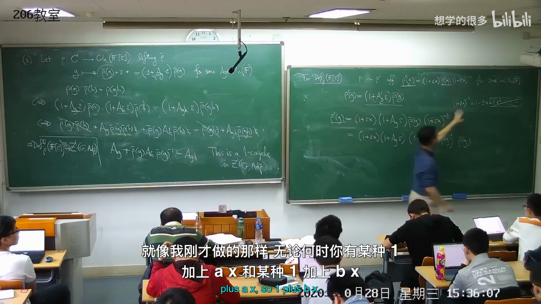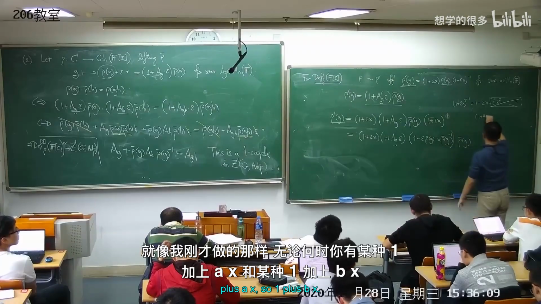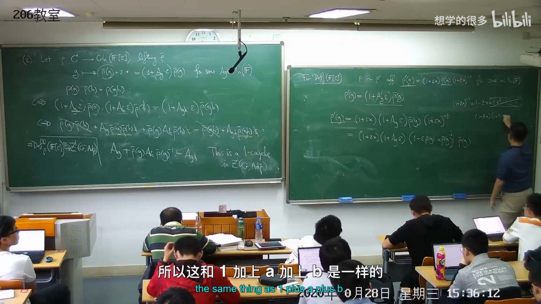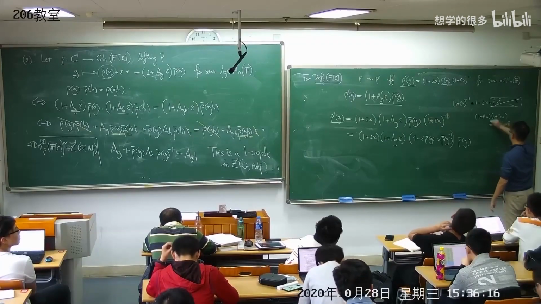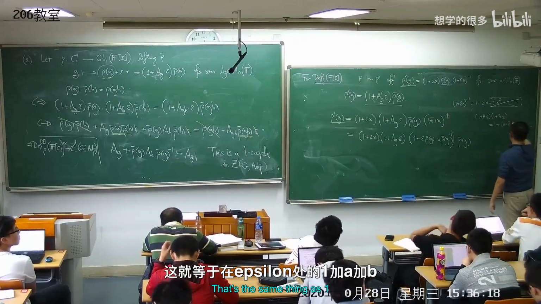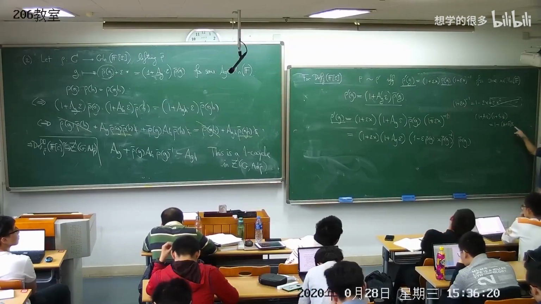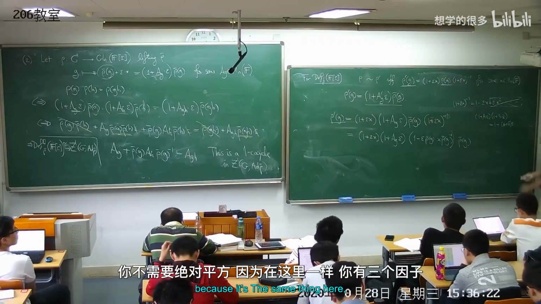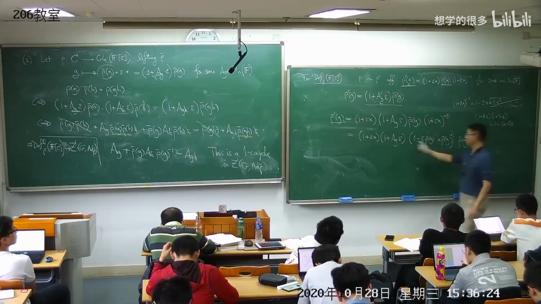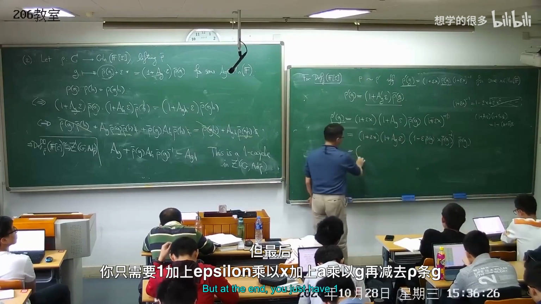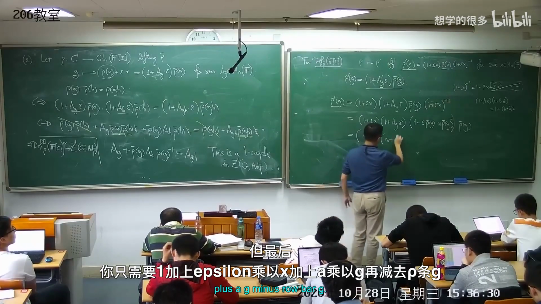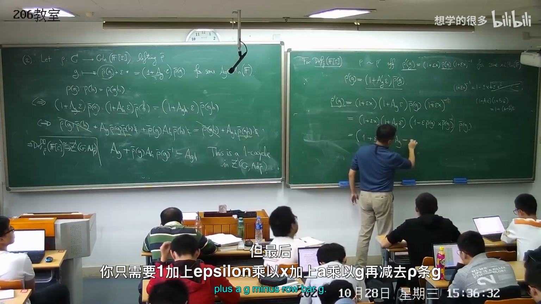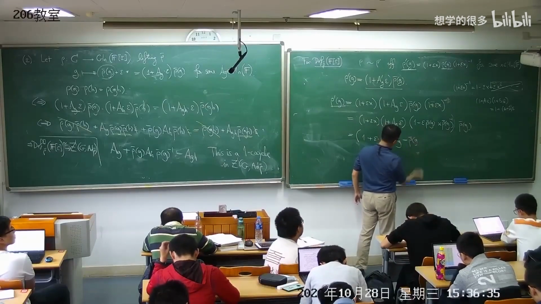Whenever you have 1 plus ax times 1 plus bx, this is the same thing as 1 plus (a plus b)x epsilon. You don't need epsilon squared because it's 0. The same thing here, you have 3 factors, but at the end you just have 1 plus epsilon times (x plus AG minus rho bar G, whatever).